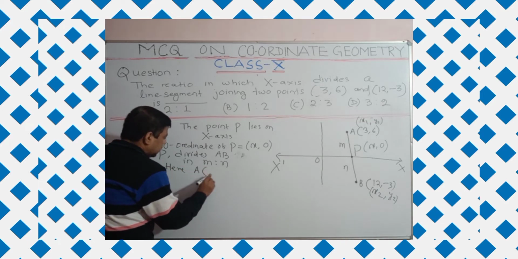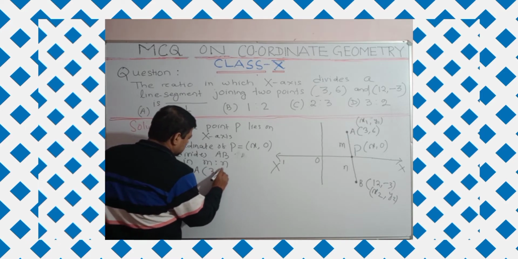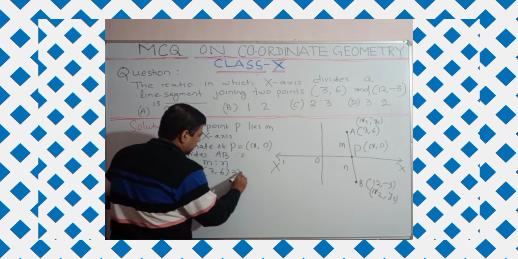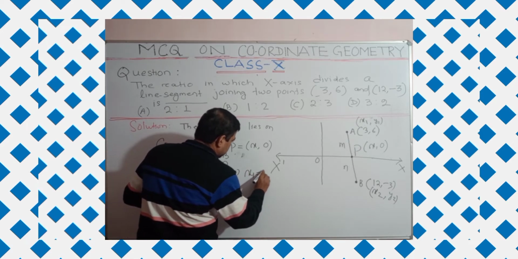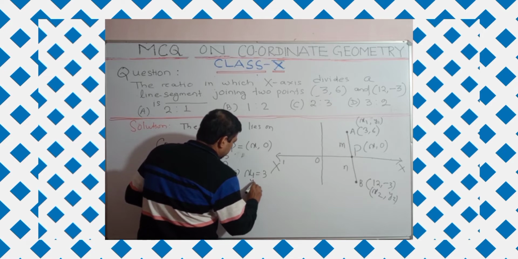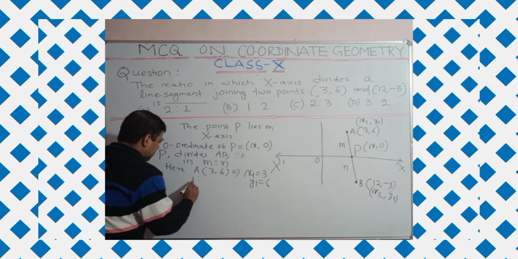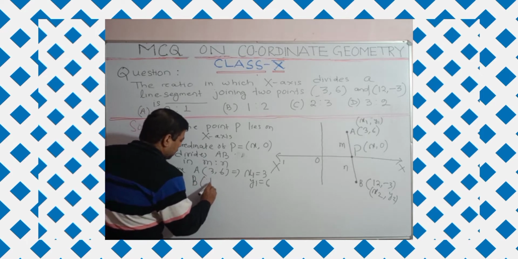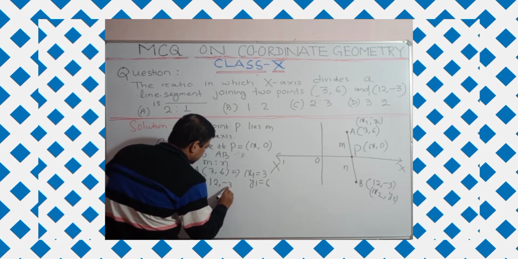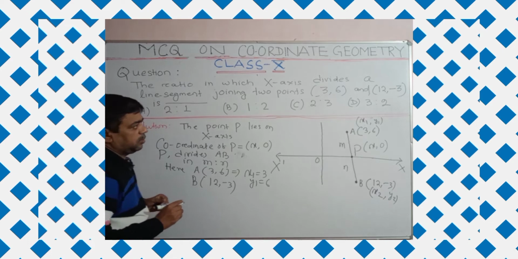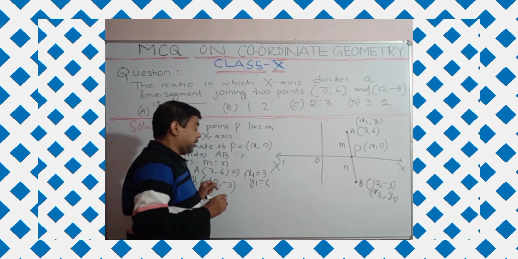Okay. Here the coordinate of A is (3, 6). That implies that x1 is equal to 3 and y1 is equal to 6. Here the coordinate of B is (12, -3). Write down the numbers properly. Whenever you are writing the numbers, they should be correct.